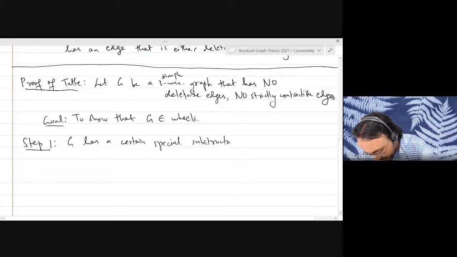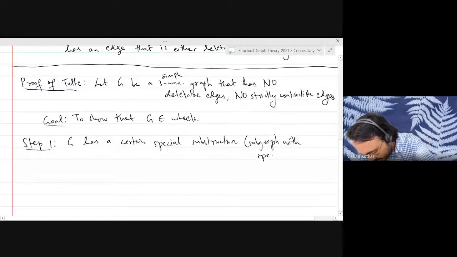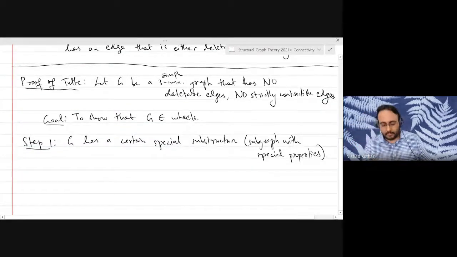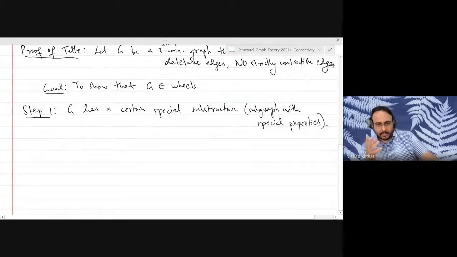You can think of a substructure as a subgraph with special properties. Again, the statement of the step will become clearer as we complete the step.